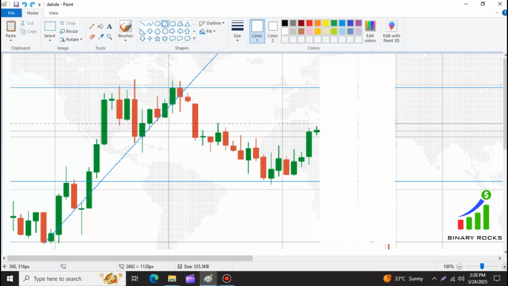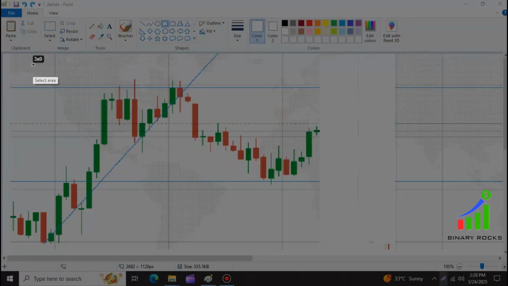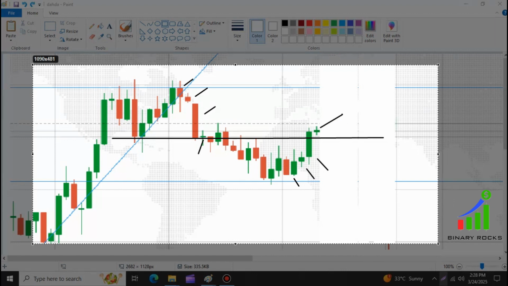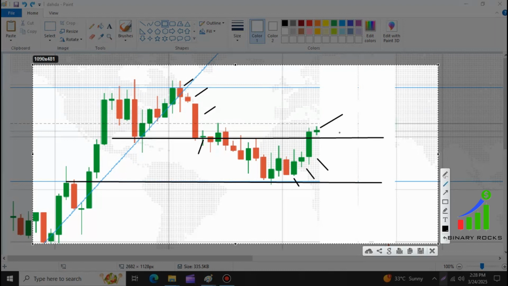So I think now you got a confirmation. If you notice one thing, here these three candles are the same, and here these three candles are the same. Here you got a reversal, but here you didn't get a reversal, which means you can get a confirmation that there are no sellers interested.